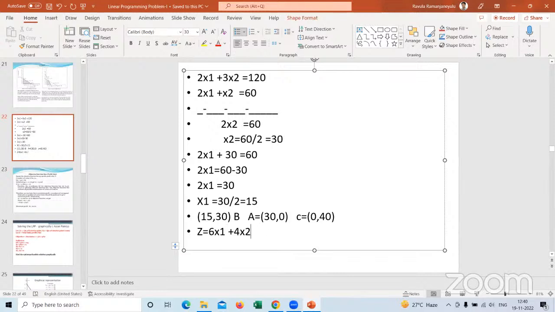In this objective function, if you substitute these 3 points, A, B, C, then we can identify where we are getting a maximum.